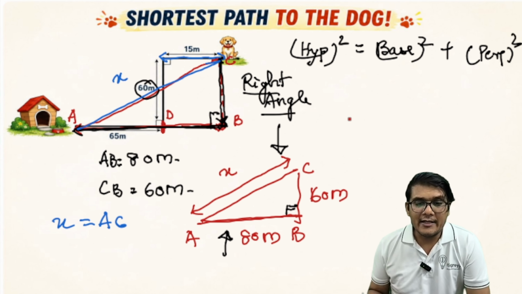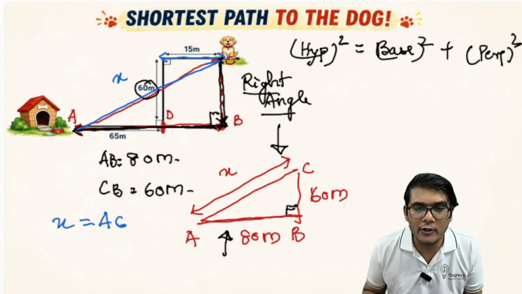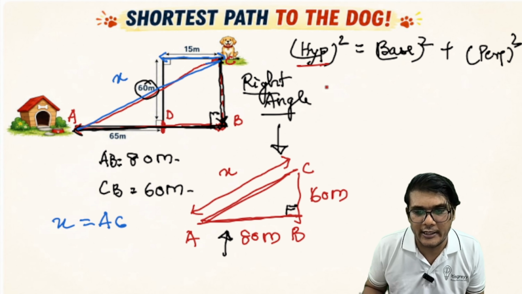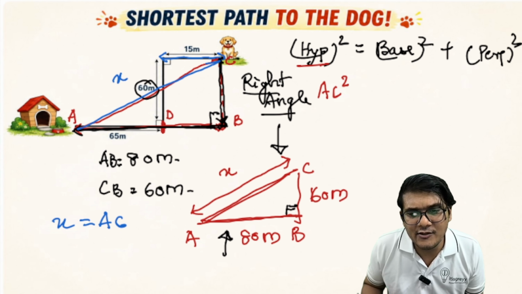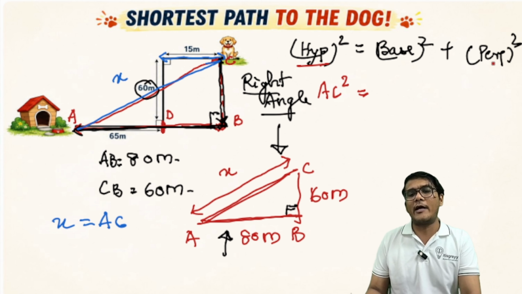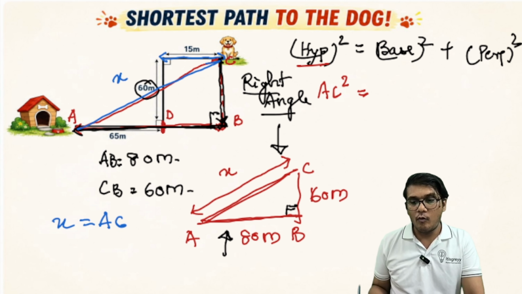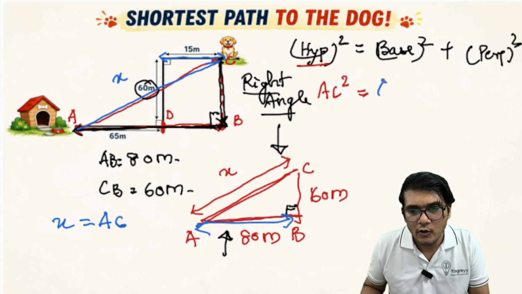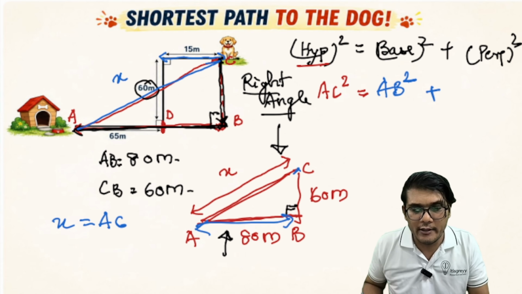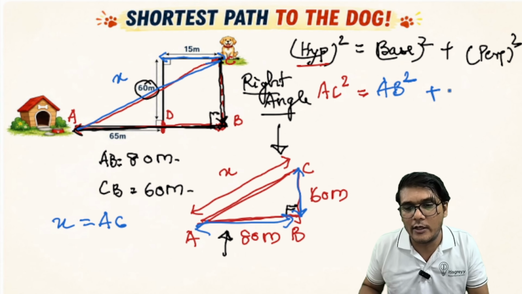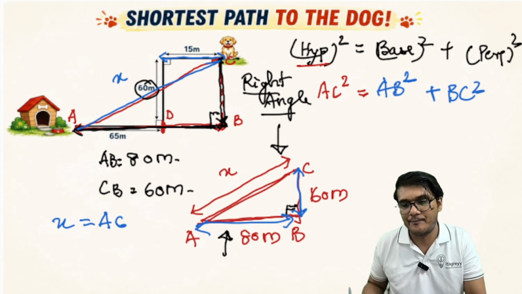So we can clearly understand that hypotenuse is what? This is hypotenuse AC. So we can write AC square is equal to base square plus perpendicular square. What is the base? Base is basically this distance AB. So we will write over here AB square plus perpendicular square. What is perpendicular? This is the perpendicular BC. So plus BC square.